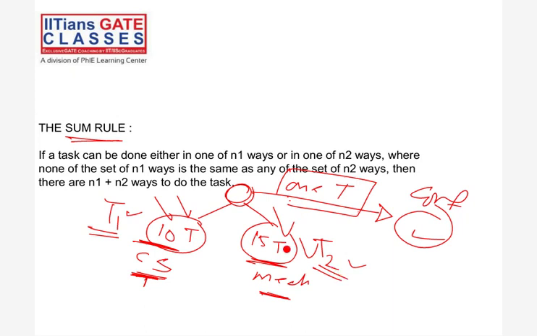Now when will our main task get completed? Either we can complete task T1, or we can complete task T2. We do not need to complete both tasks. Why?